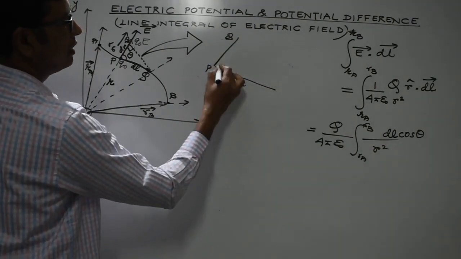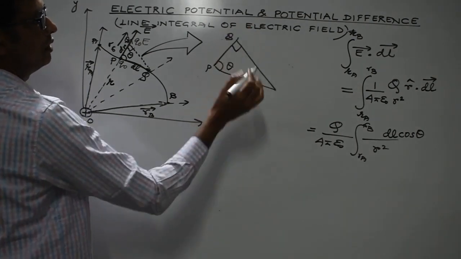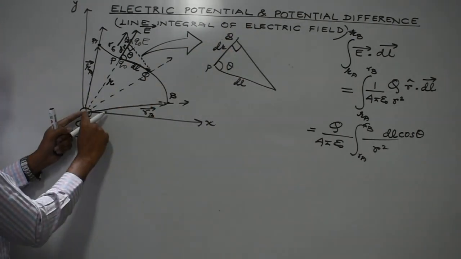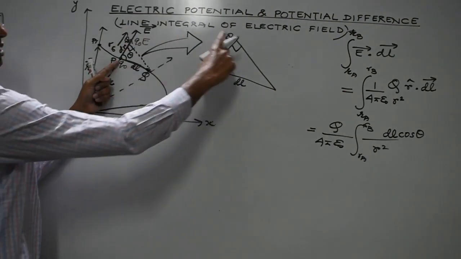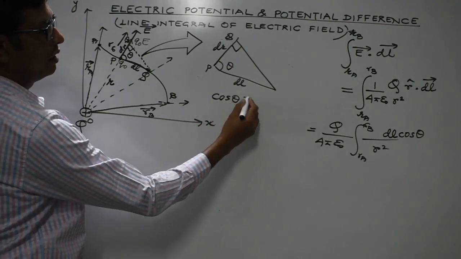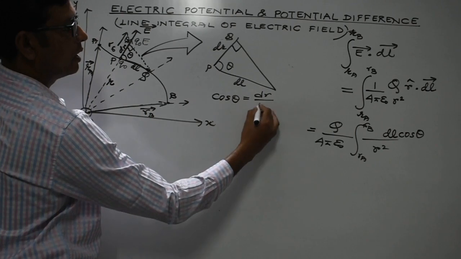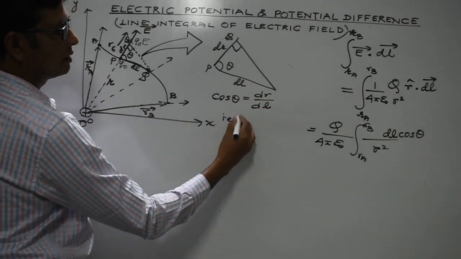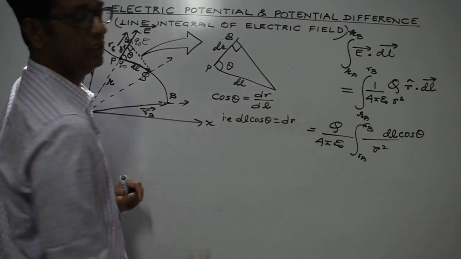This is dl, this angle is theta, and you drop a perpendicular over here. So this is dr, a very small elementary portion in the increasing direction of R. If you consider cos theta, you get base over hypotenuse, that is dr by dl. So dl cos theta may be written as dr.